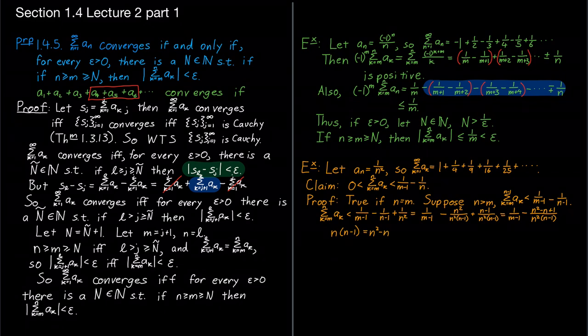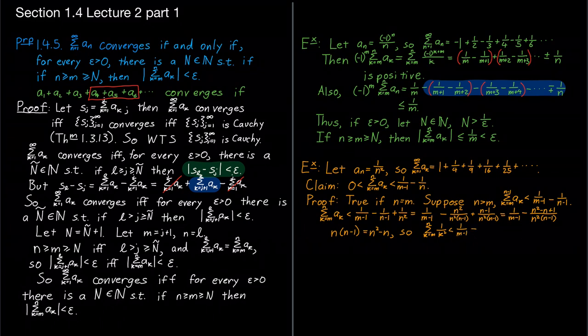So our partial sum of our 1 over k squared, that's less than 1 over m minus 1.